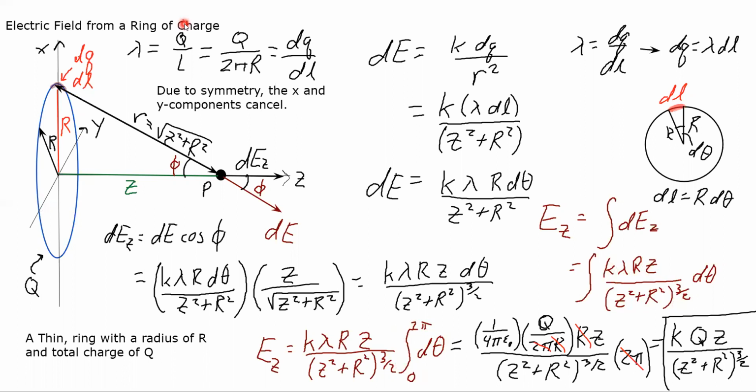So look over that one, try to get the method down, not so much the exact step-by-step, but the thought process and what my logic was as we worked through it. Next time we're going to use this equation and get the disk. What is the electric field from a solid disk? We'll do that next time.